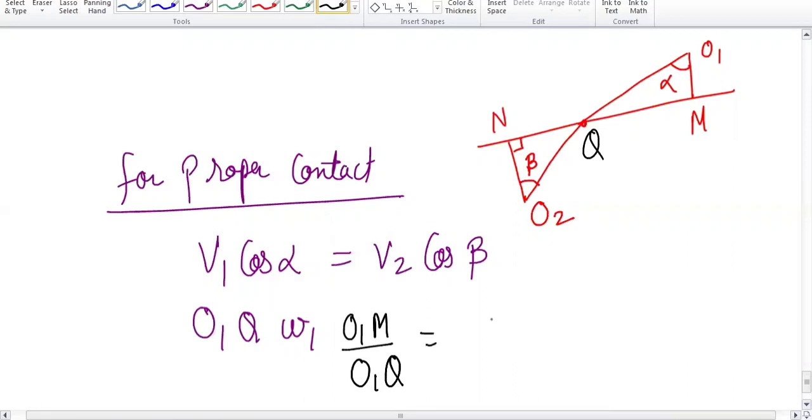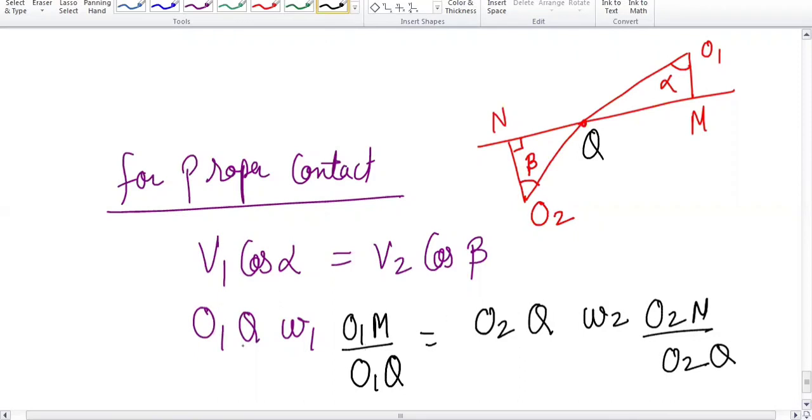So similarly, V2 becomes O2Q and omega 2. And what is our cos beta? O2N by O2Q. So O1Q and O2Q cancel with each other, since they are exactly equal to each other.